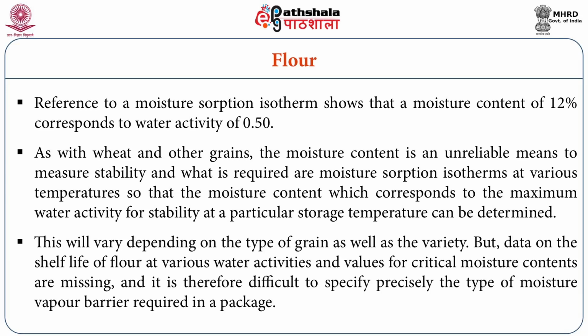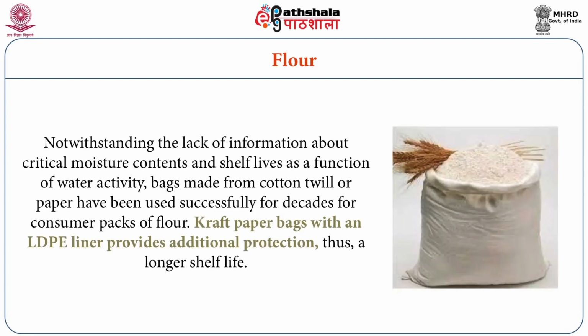This will vary depending on types of grain as well as variety, but data on shelf life of flour at various water activities and values for critical moisture contents are missing, and it is therefore difficult to specify precisely the type of moisture vapor barrier required in a package.